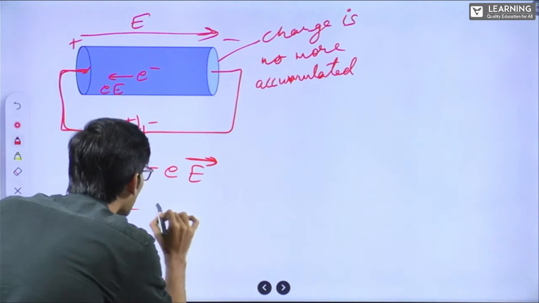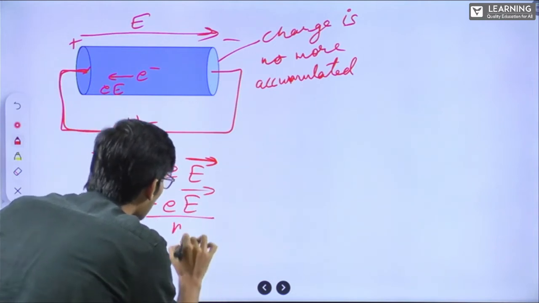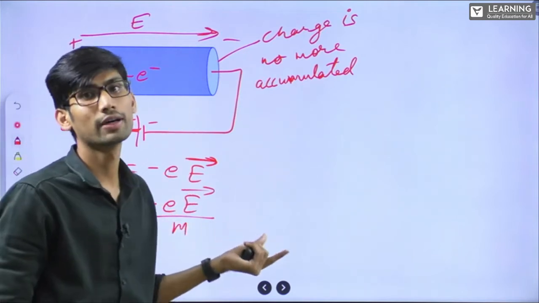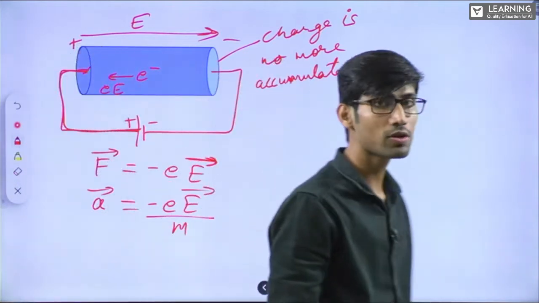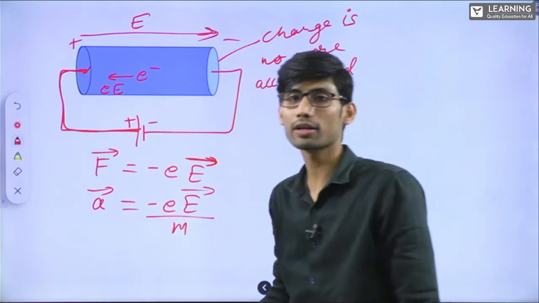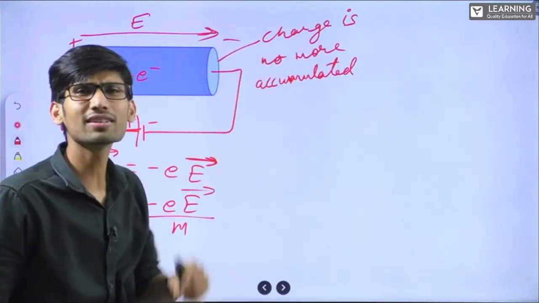Acceleration will be minus e E vector divided by m, where m is the mass of the electron. So now this charge is moving with acceleration.